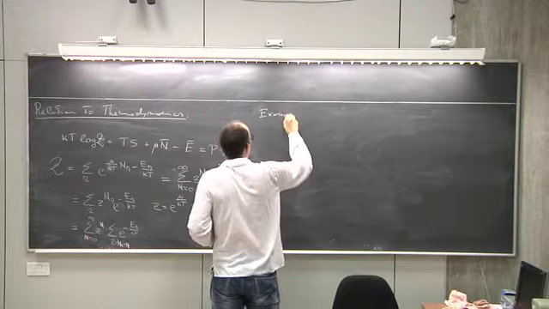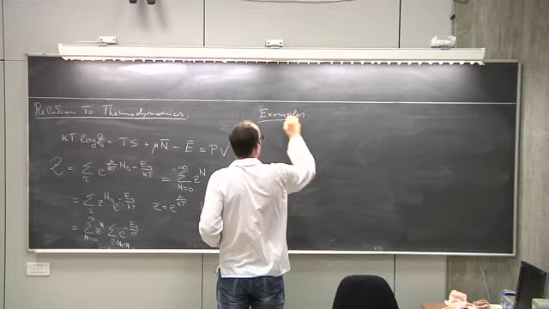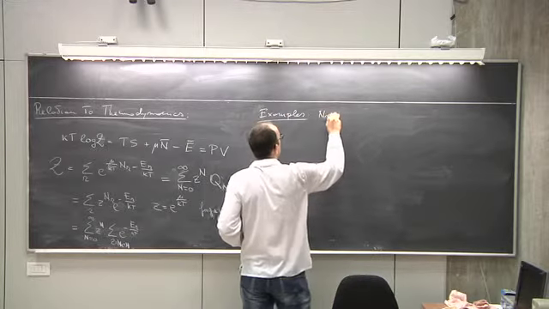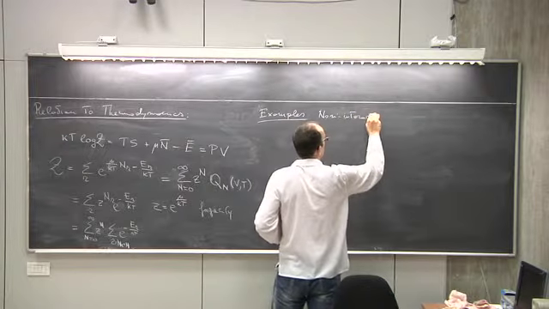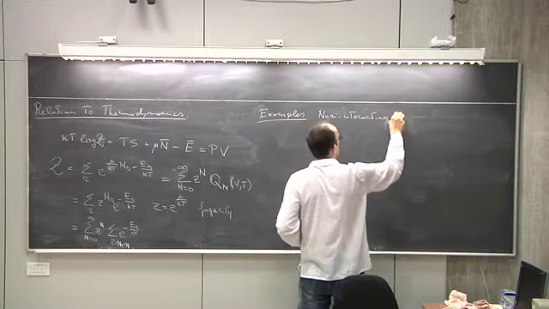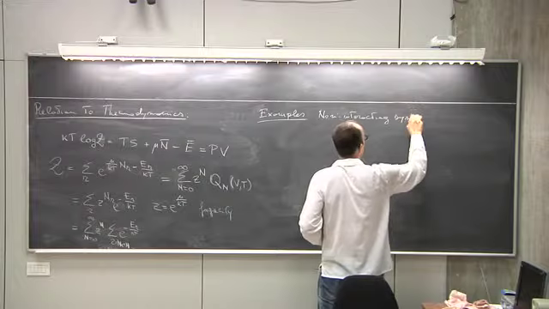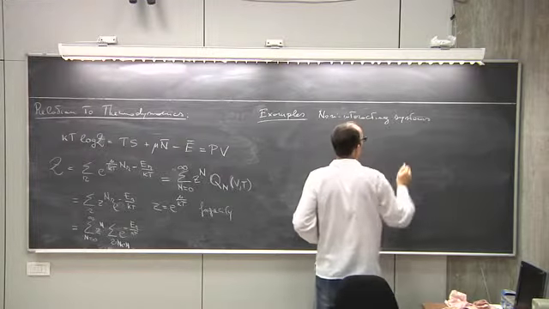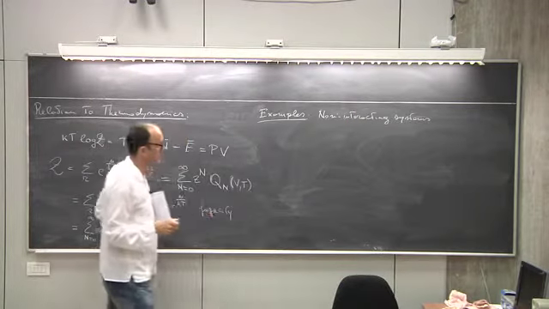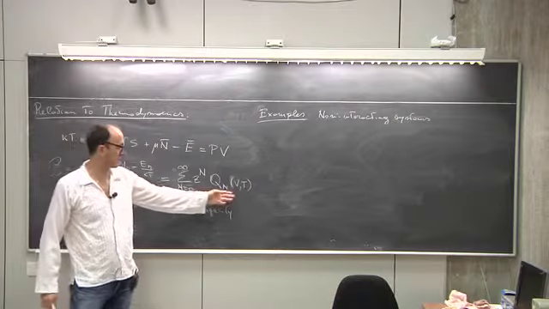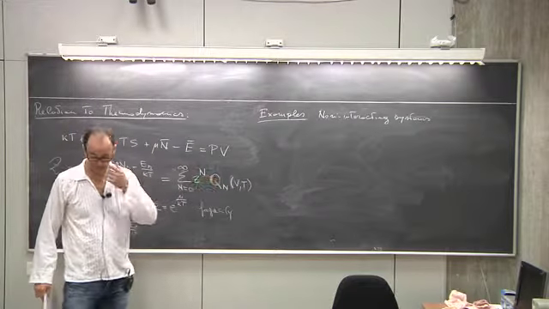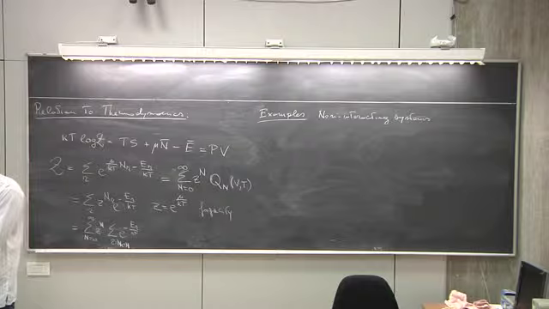So, examples. Let's take non-interacting systems. If I take non-interacting systems, then the canonical partition function, as we have said, is easy to compute.